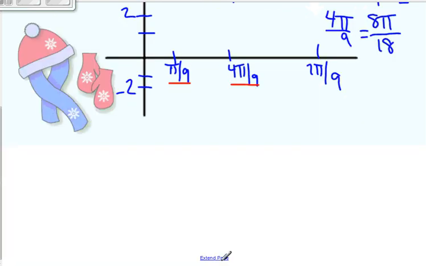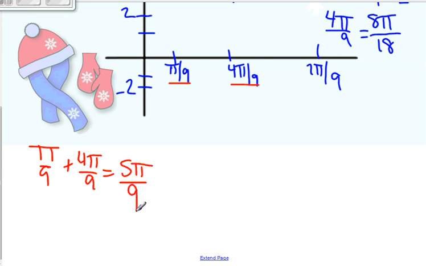So I'm going to extend this page so we can do some math. So we've got pi over 9 plus 4 pi over 9 gives us 5 pi over 9. Okay, and then we're going to have to divide that by 2, or multiply by 1/2. So we get 5 pi over 18. So this middle one is 5 pi over 18.